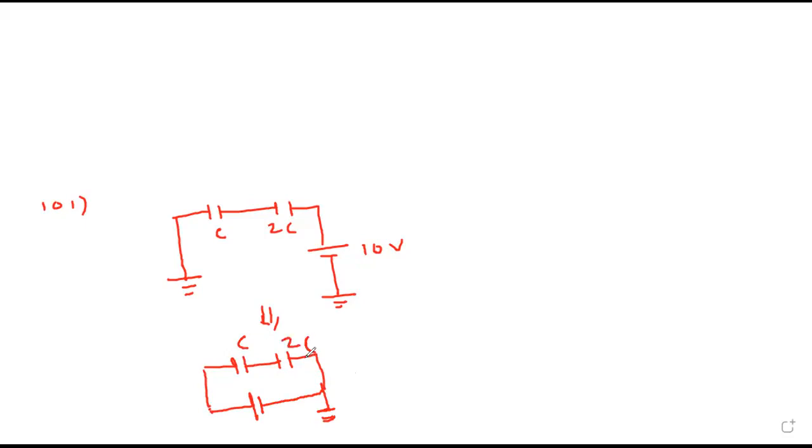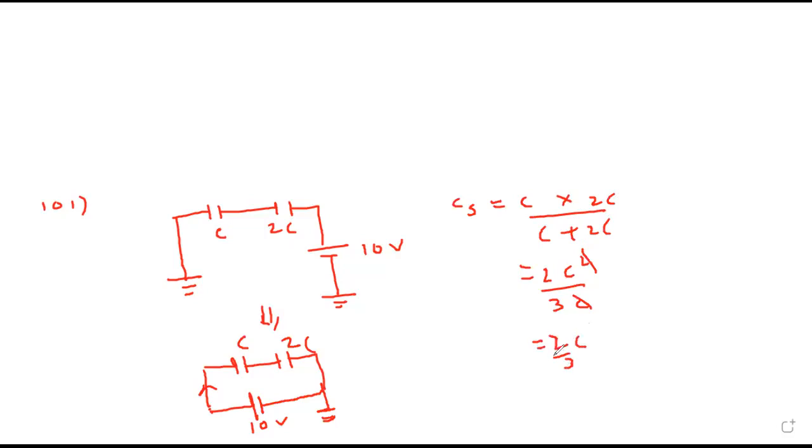Now C, 2C, 10 volt. We want what is the charge stored across. To get charge, first we require total capacity, because in this total charge will keep on flowing. So total capacity of two condensers is product upon sum, that is 2C square upon 3C, 2 by 3 C. Total charge is total capacity into total voltage, which is 2 by 3C, and voltage is 10.